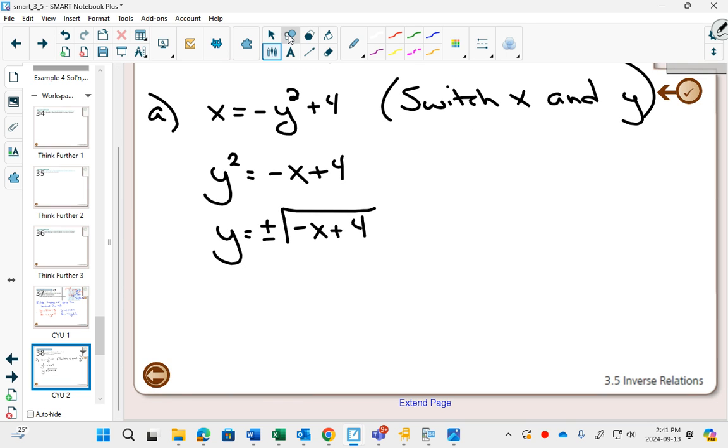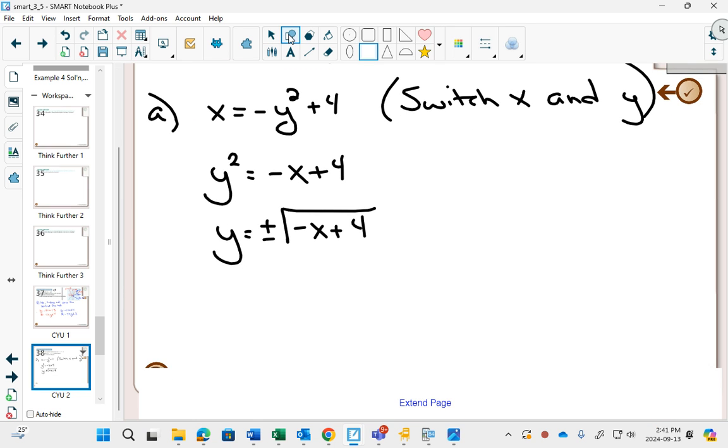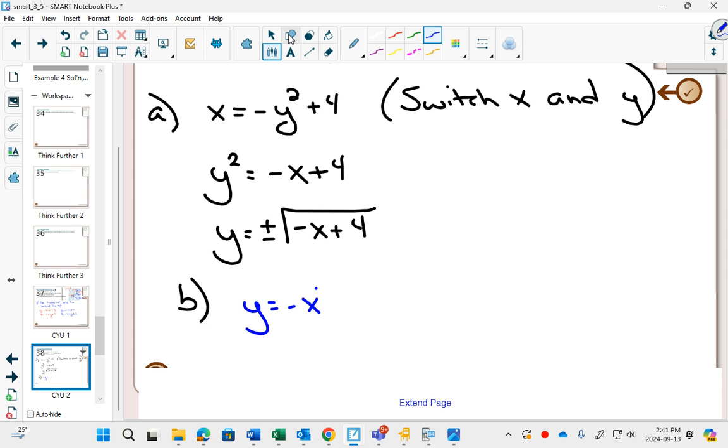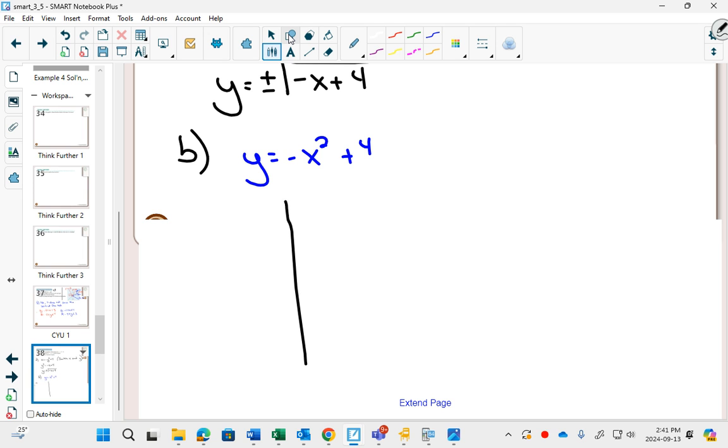So for part B, I'm going to graph this one in blue. X squared is a parabola.